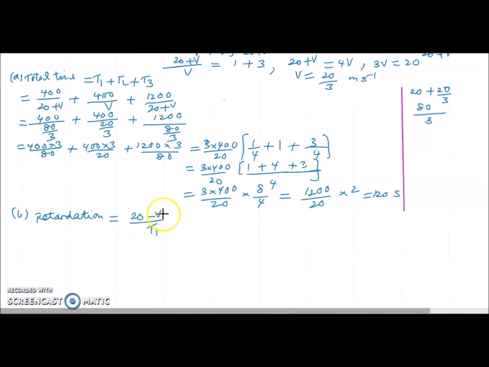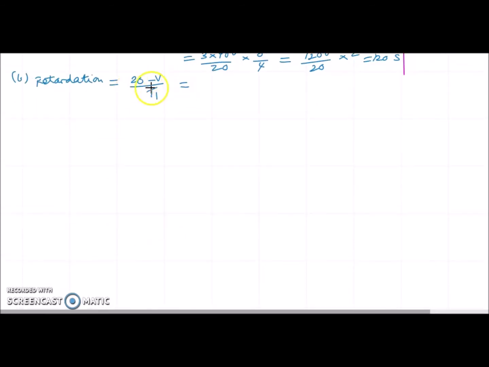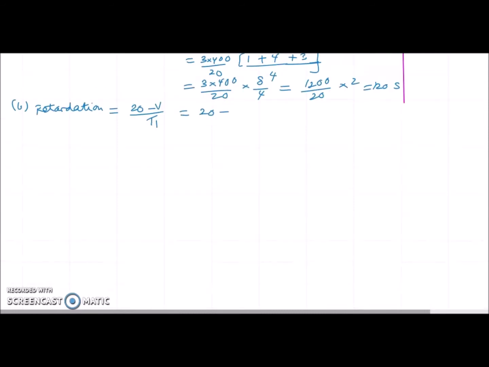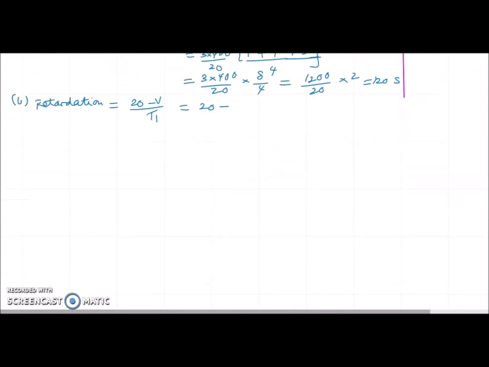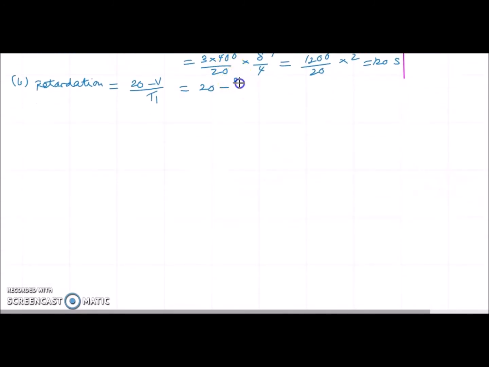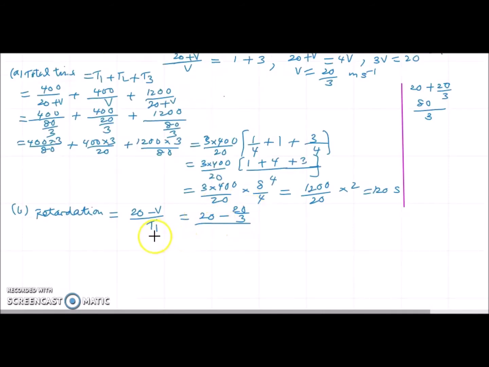We substitute for V and T1. The retardation is 20 minus V by T1. What is V? We found it first, V is 20 by 3. So 20 minus 20 by 3 is divided by T1.